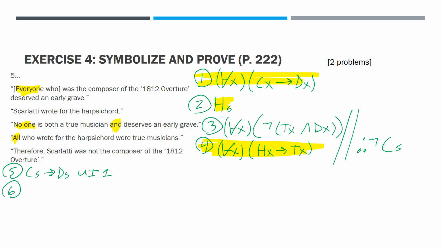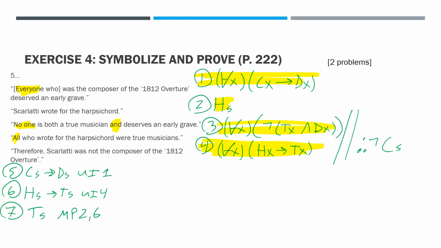And then for 6, let's instantiate line 4, so we get HS arrow TS, universal instantiation 4. And notice, of course, line 2, we have HS, so we can do a modus ponens inference. For 7, we can get TS, modus ponens, 2, 6.